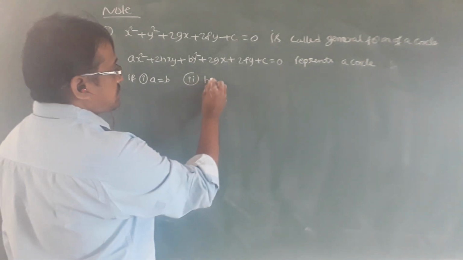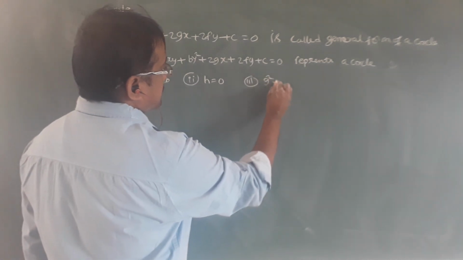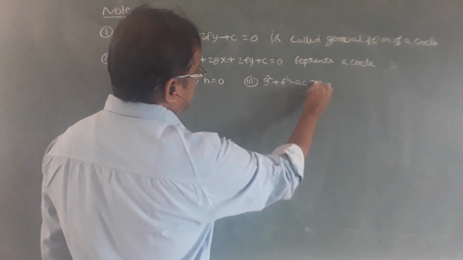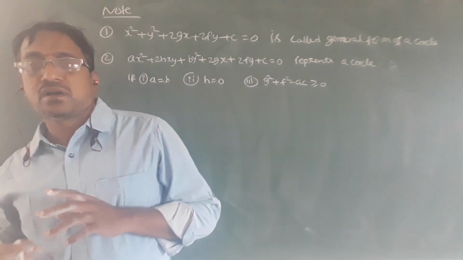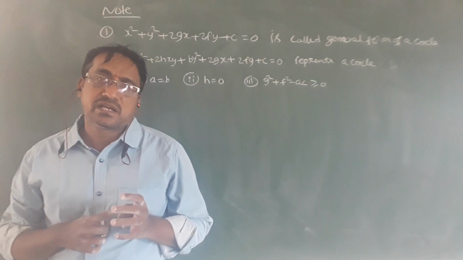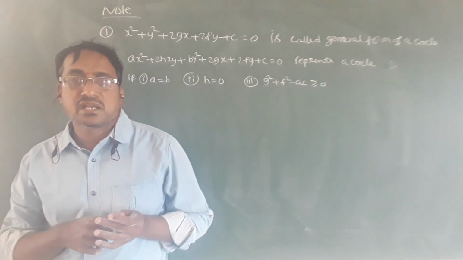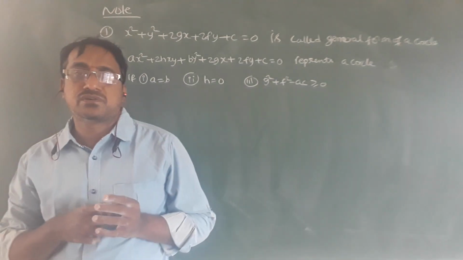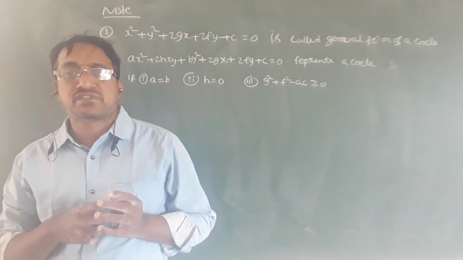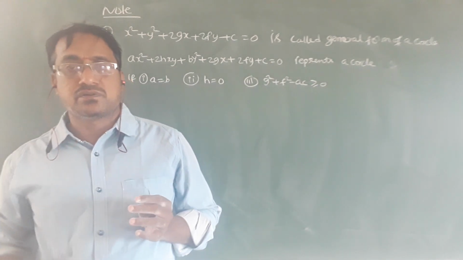Second, h is equal to 0. The third point is g square plus f square minus ac greater than or equal to 0. This is a very important concept. A second degree non-homogeneous equation represents a circle if a is equal to b, h is equal to 0 and g square plus f square minus ac is greater than or equal to 0.